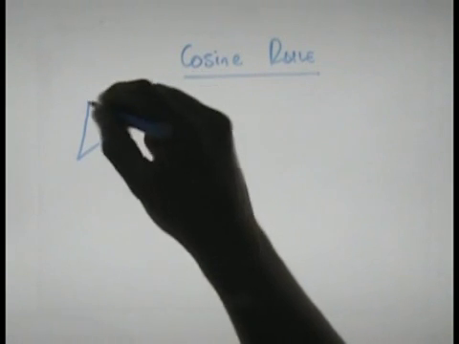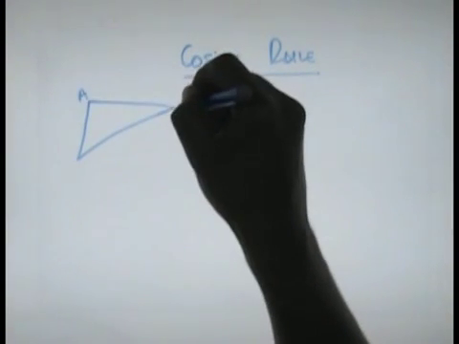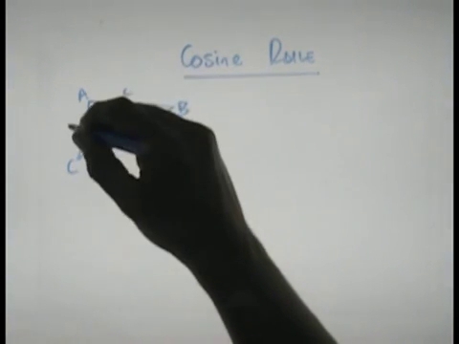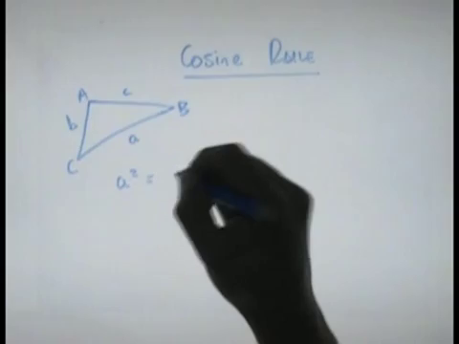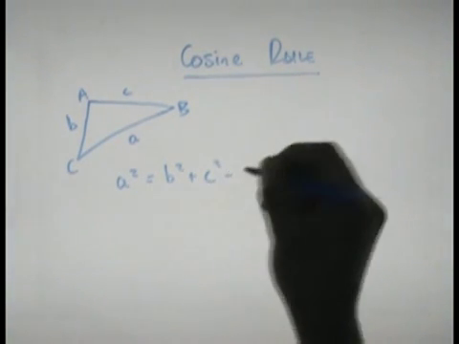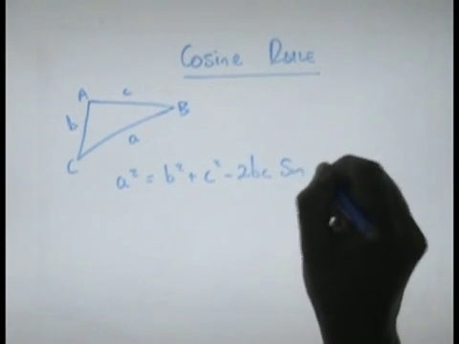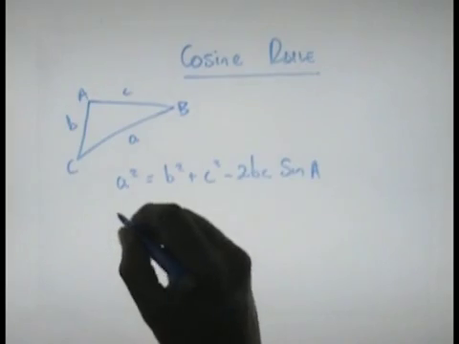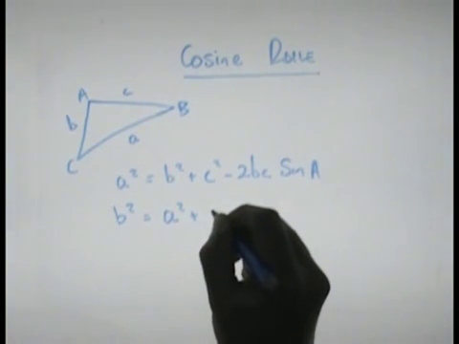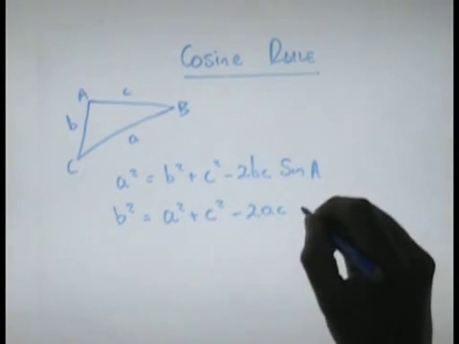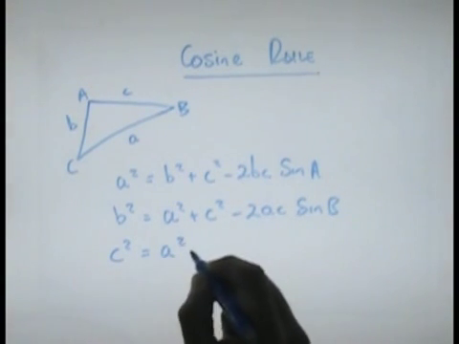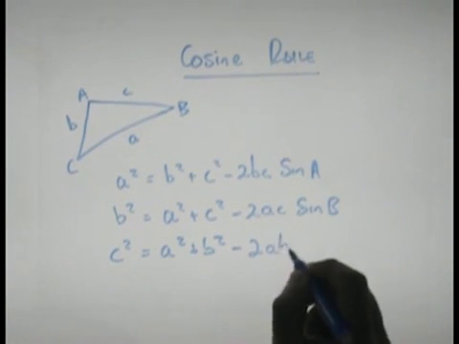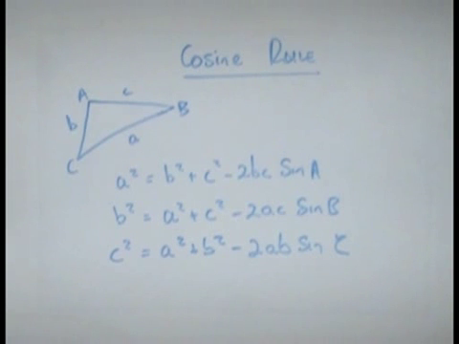The cos rule states that in any triangle ABC, remember that side A, side C and side B, in any triangle like this, the cos rule says that A squared is equal to B squared plus C squared minus 2BC cos A, or B squared is equal to A squared plus C squared minus 2AC cos B, or C squared is equal to A squared plus B squared minus 2AB cos C. Keep this in mind.